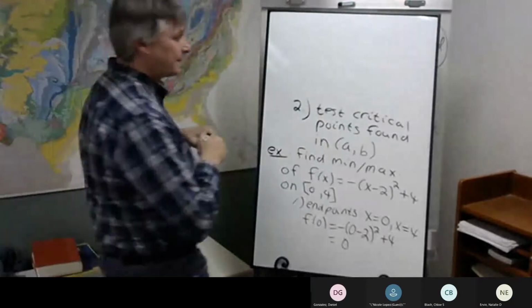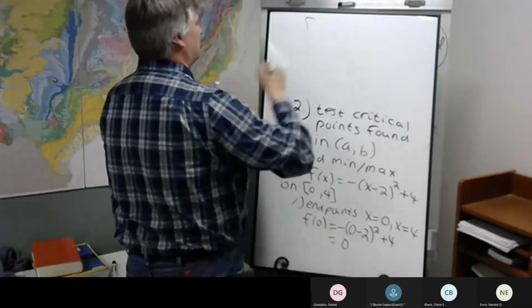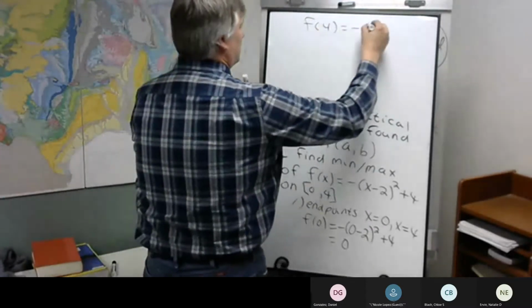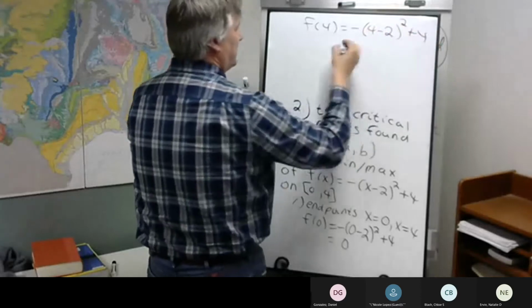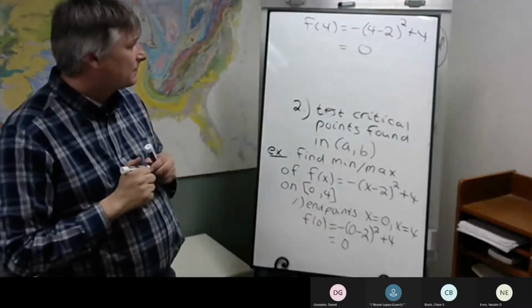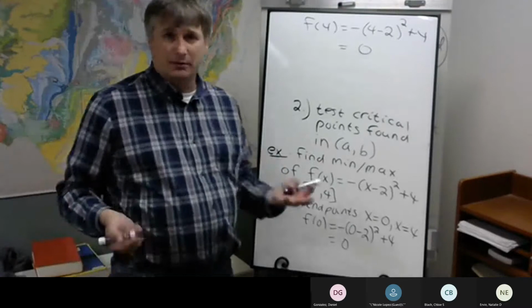Now we look at f of 4. And if you hammer that out, you're going to get 0. So at the endpoints, f of x is going to be 0.